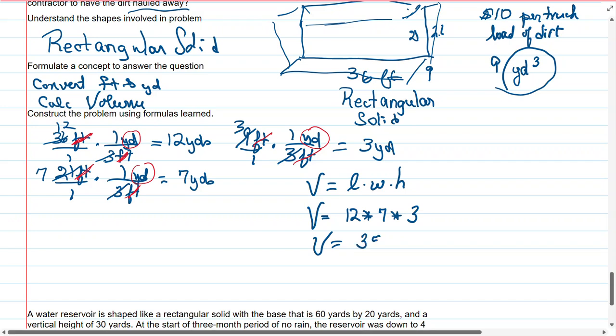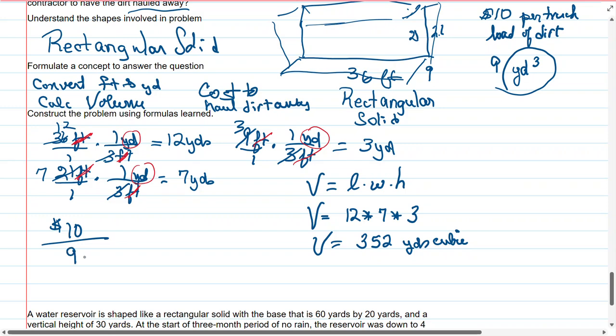Of course, my drawing is not up to scale. All right. So we know that 30 yards is the height. This is the width. This is the length. It's a rectangular solid. All right. So the shape is rectangular solid.